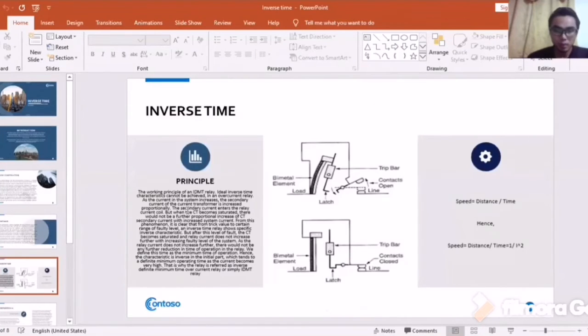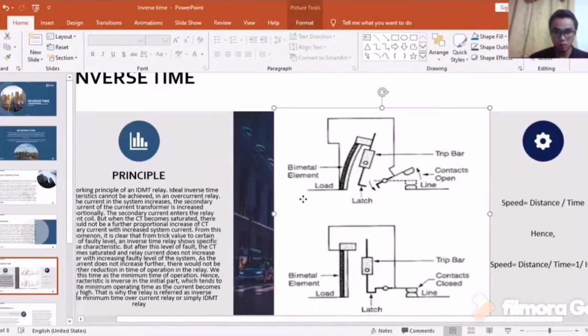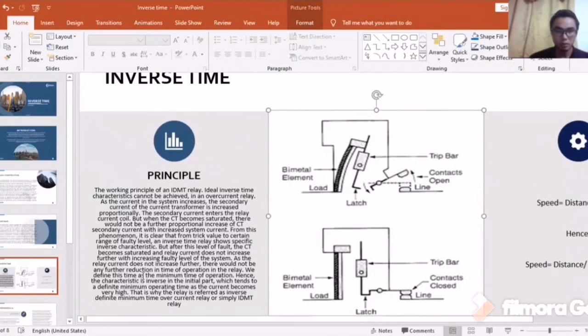And then the inverse time principle. The working principle of the relay: an ideal inverse time characteristic cannot be achieved in an overcurrent relay.